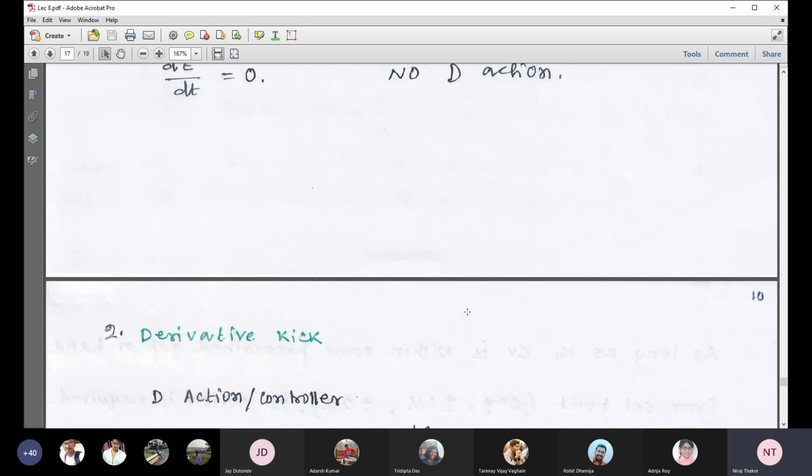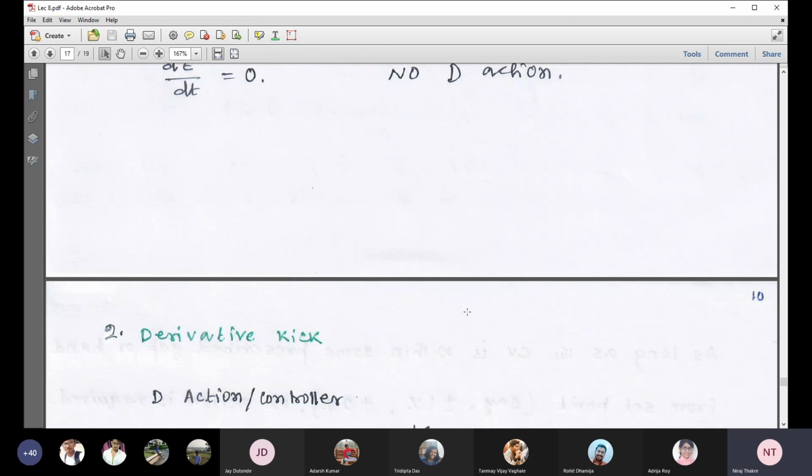Suppose error is a vertical line, like we observe in case of a step change.